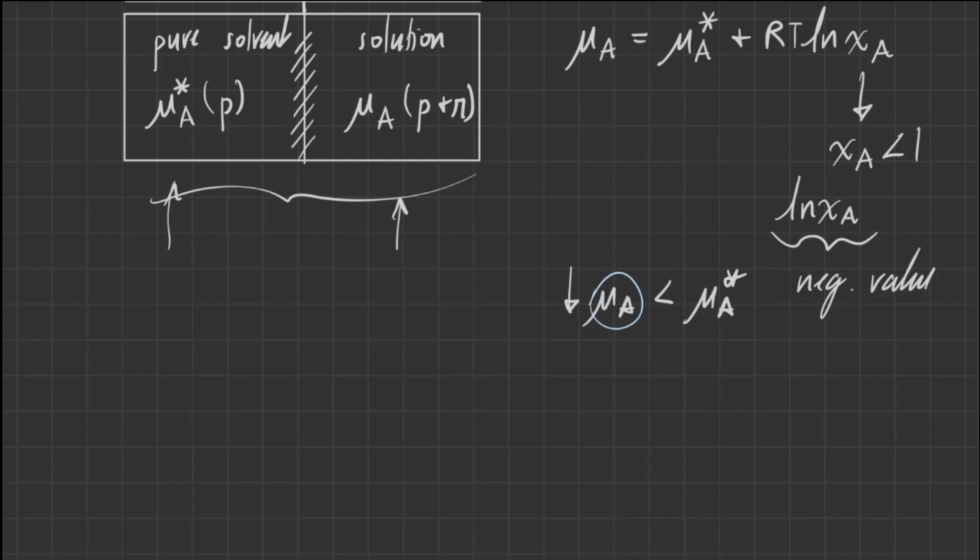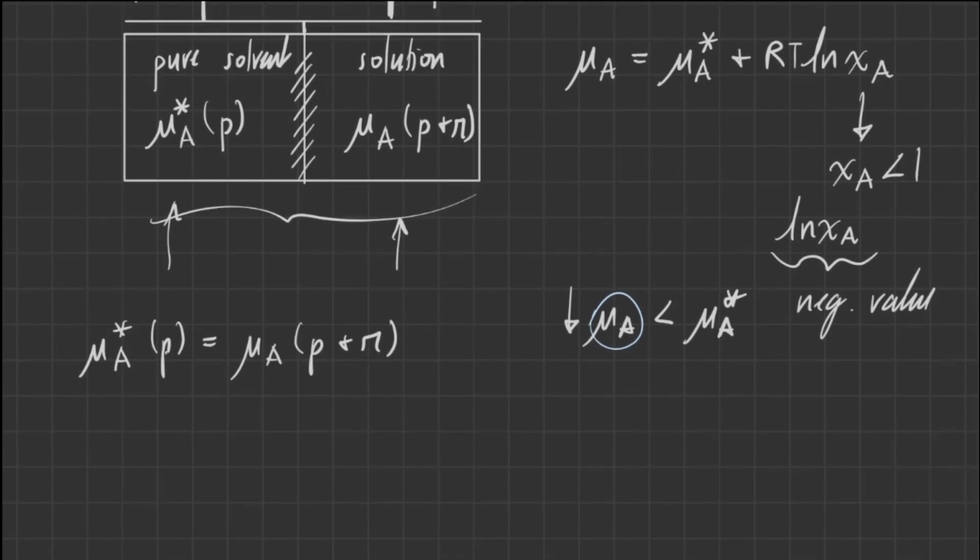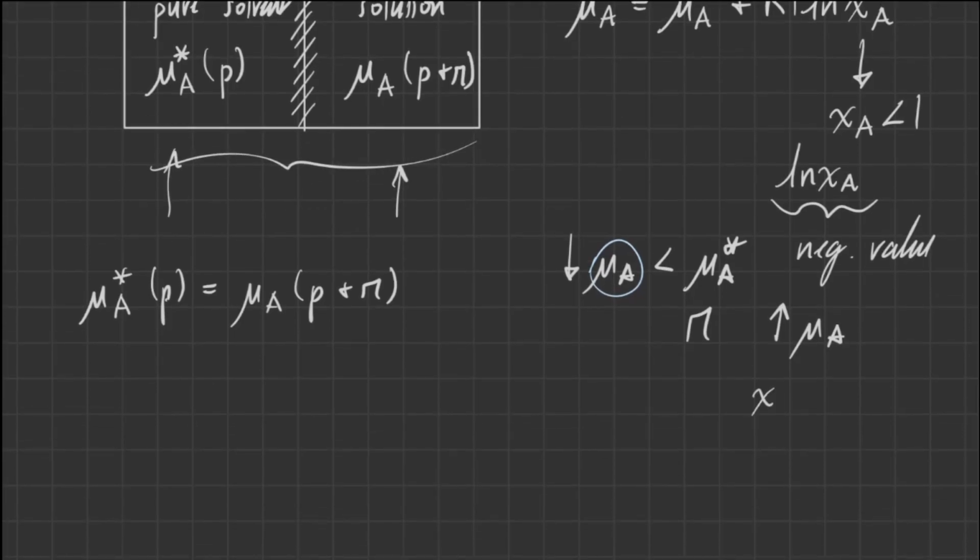So your standard chemical potential is going to be equal to your chemical potential in a solution at this increased pressure. We already talked about what adding a solute would do to the chemical potential, but adding osmotic pressure will essentially raise the chemical potential, just in a mathematical sense.